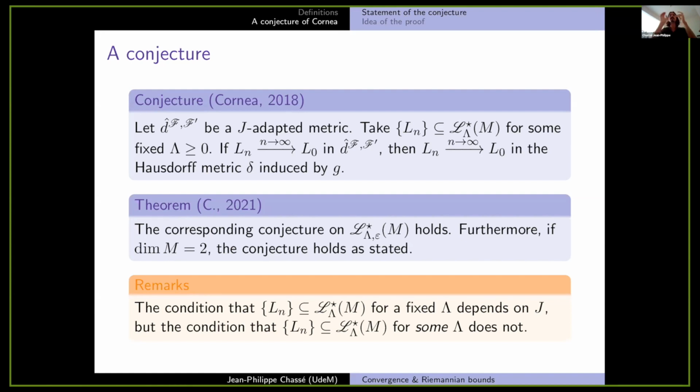Because you could have things which are not Hamiltonian isotopic, but which do converge in the Hausdorff metric, and then obviously you won't be having a convergence in the Lagrangian Hofer metric, right? Because you're comparing things which are not even Hamiltonian isotopic, but they will still converge in the Hausdorff metric. However, if you can eliminate that, it should be true in some context. I don't have anything in that regard.